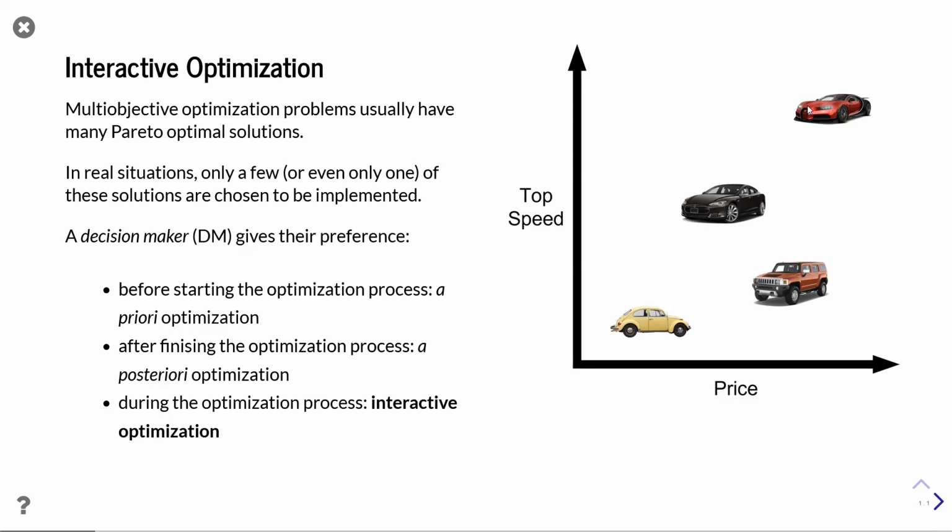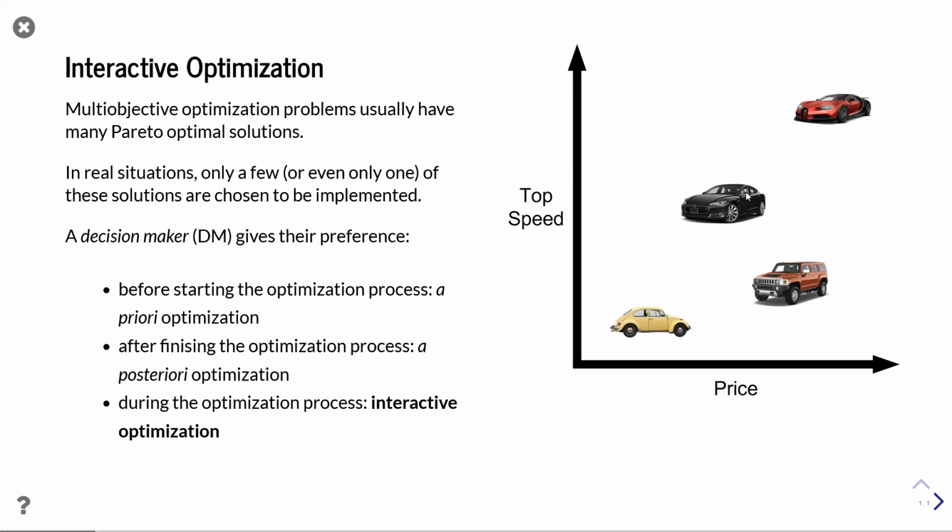For example, you might say that, okay, a Bugatti Veyron might be a bit too expensive for me, so maybe I won't buy that. I can maybe buy either a Beetle or a Tesla, but a Tesla also has a middle level of price, and I am able to afford that. So maybe I will go with that.